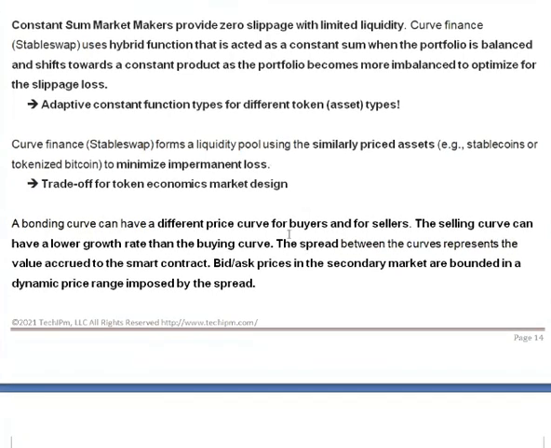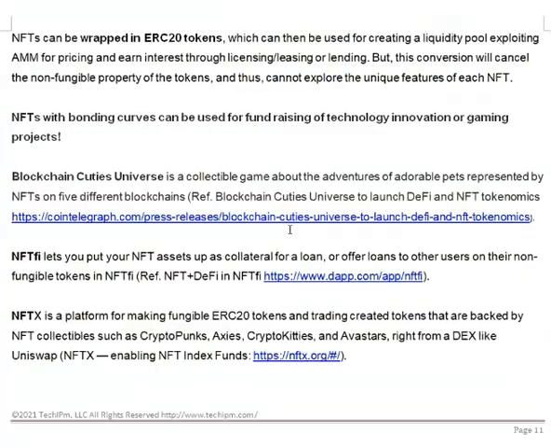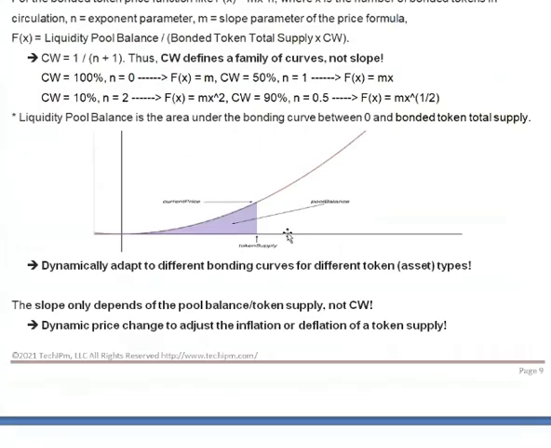Here is another concept that you should know about, the bonding curve. Here I use just one curve for buying or selling. Buying means that you put your token into the liquidity pool, so you provide your token. Selling means that somebody puts in the token and wants the original token back. So you bond the token here.